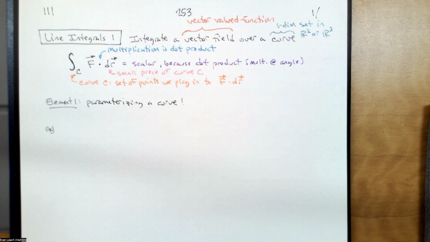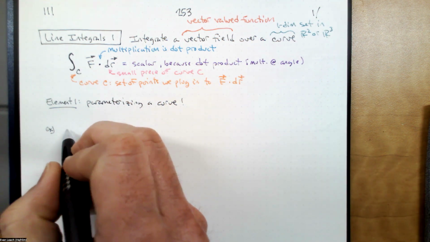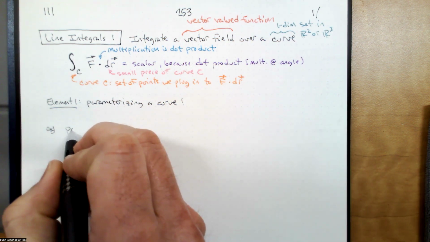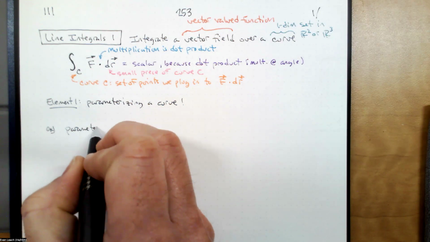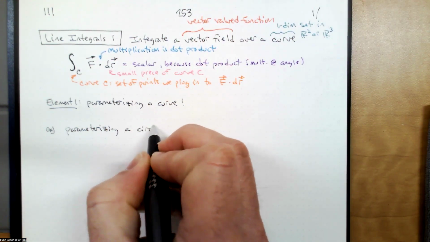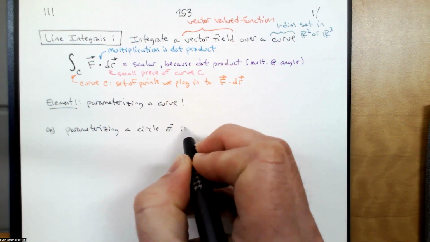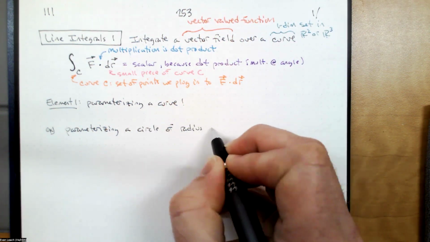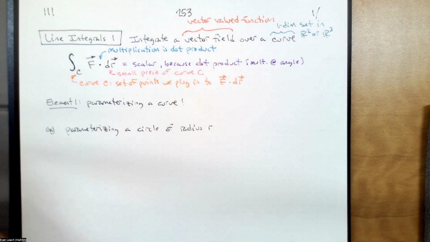We're going to start with our favorite parameterized curve. We're going to parameterize a circle of radius r. We know we have various ways of describing a circle in R2.